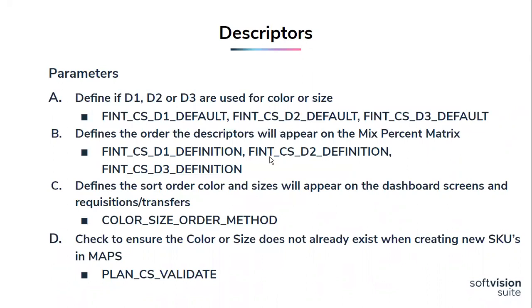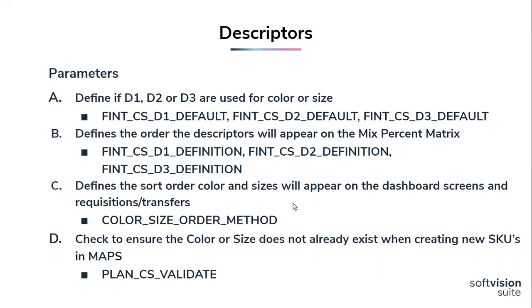The second set of interfaces tells us what order you want to see this information on when you're on the mix percent screen. So do you want to see information presented as color, size, size, which is probably the most common. We also see it though as size, color, size, or you can change it up to be size, size, color. So that can be unique by client based on that interface.